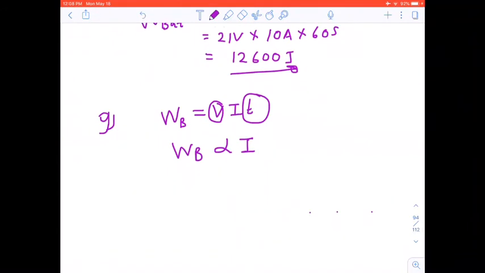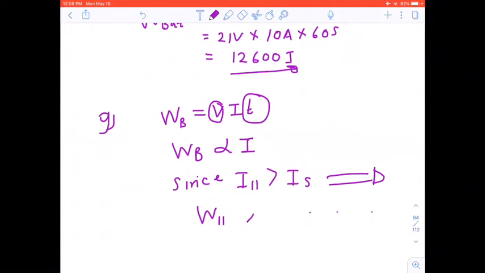Right. But we know that since I in a parallel circuit is greater than I in a series circuit, which, like I say, it's the notation I use, implies that work in a parallel circuit is greater than work in a series circuit.